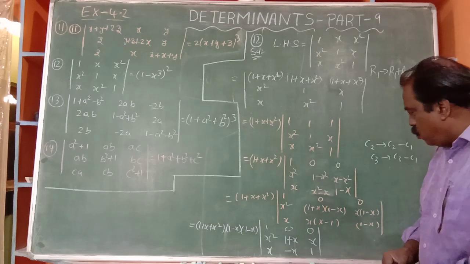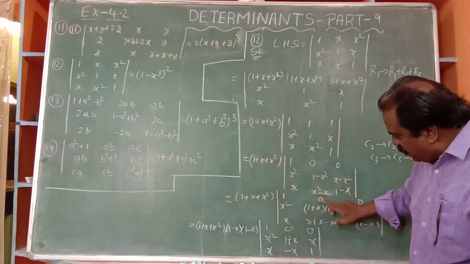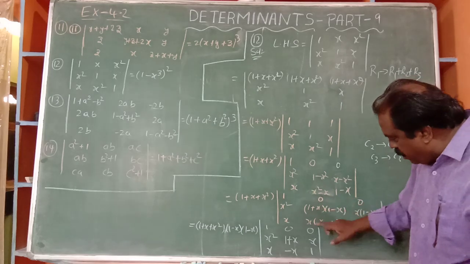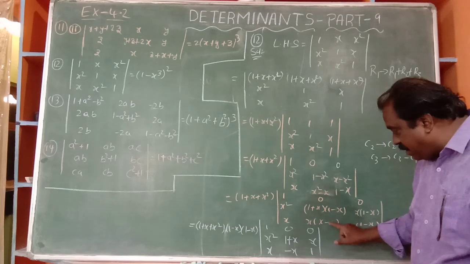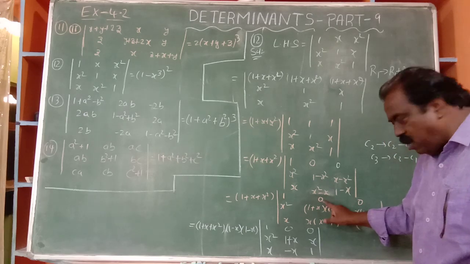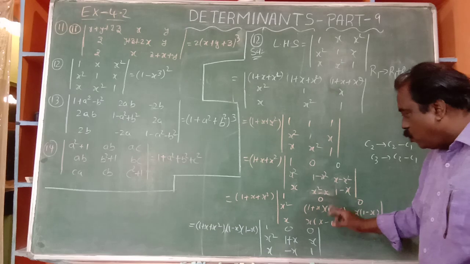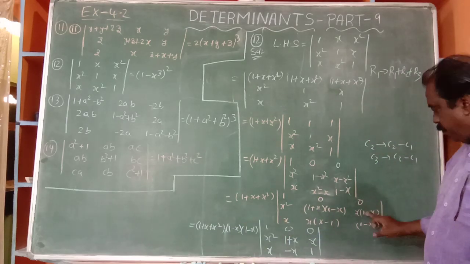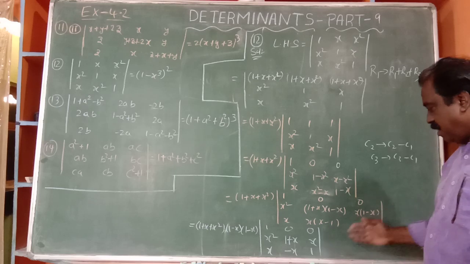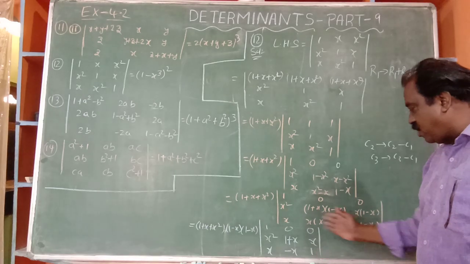Now you see, don't get confused. This is the second column, 0 and something and something. In this one, 1 minus x, here also 1 minus x is common. In the 0 also 1 minus x is common. So I took 1 minus x as common. Here also 0, 1 minus x, here also 1 minus x. I take 1 minus x as common.